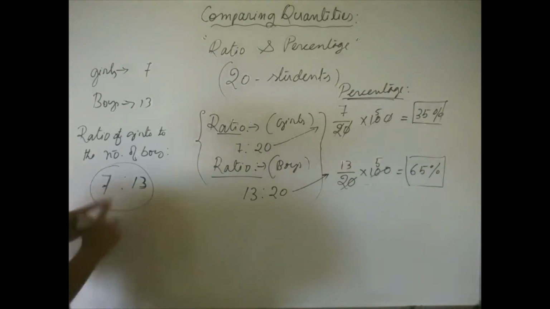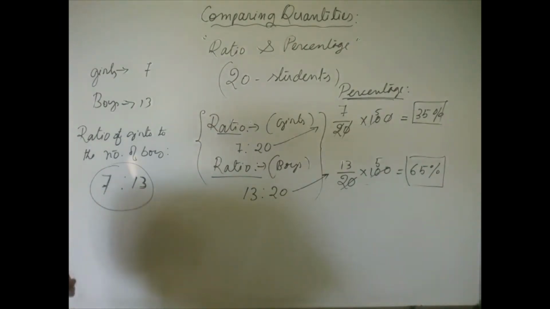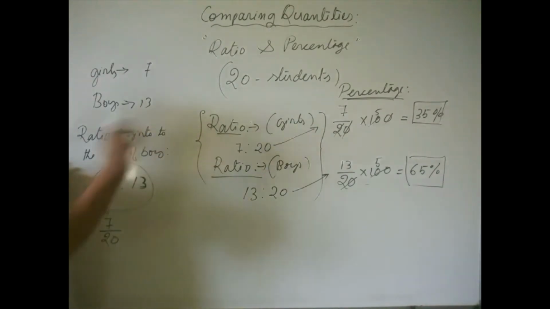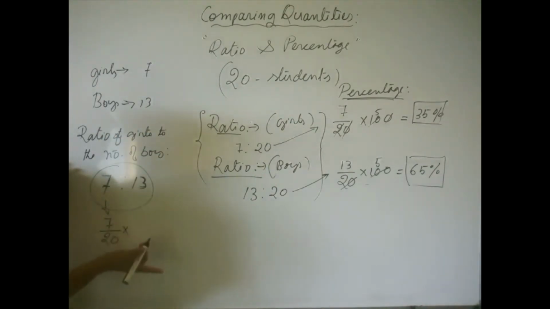How many parts are there altogether? There are 20: 7 plus 13, 20. So if you want to convert this first 7 into percentage, you have to write 7 at the top and count the total, 7 plus 13, 20. So to convert the percentage into 100, then you get 35%. The same way, you can do it this way also.